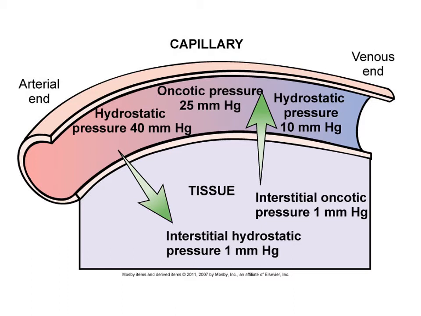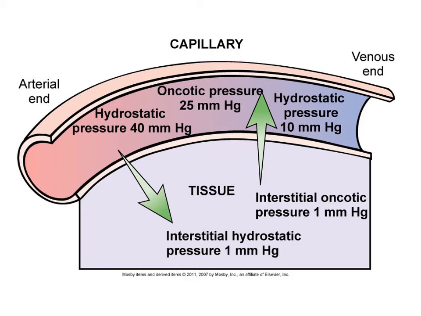Okay, so on the arterial side, say you have a hydrostatic pressure of 40. Remember, the systolic pressure at your heart could have been 120 or 130 systolic. But it had to go through all these arteries and little arterioles and capillaries, so it lost a lot of its pressure. But let's say it still has 40.